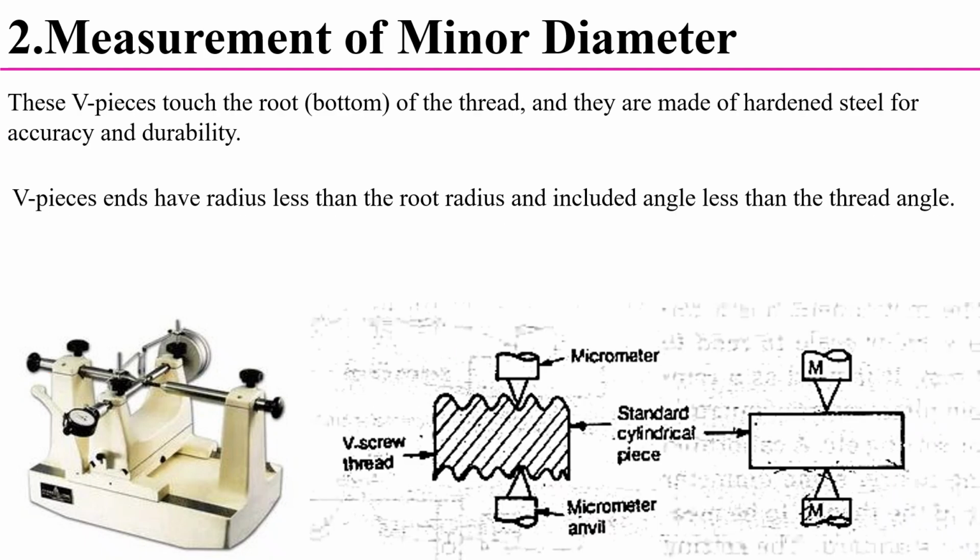The V pieces touch the root of the thread and are made of hardened steel for accuracy and durability. Moreover, the V piece ends have a radius less than the root radius, and the included angle is also less than the thread angle.